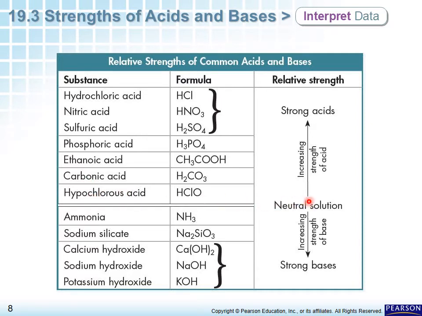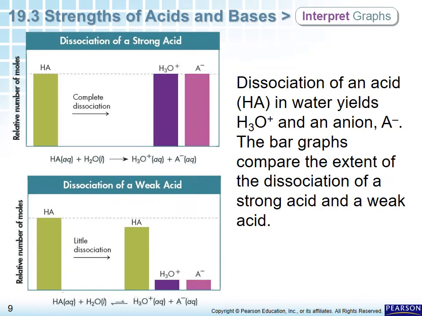You can see the strength increases like this. Then the neutral solution, and then strong bases, going to decrease like this: ammonia, then sodium silicate, then calcium hydroxide, then sodium hydroxide, then potassium hydroxide. Okay, so let us explain why all of this.